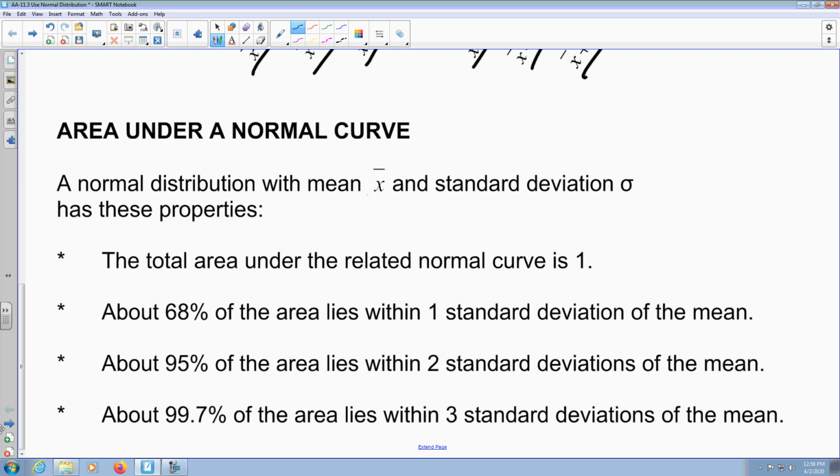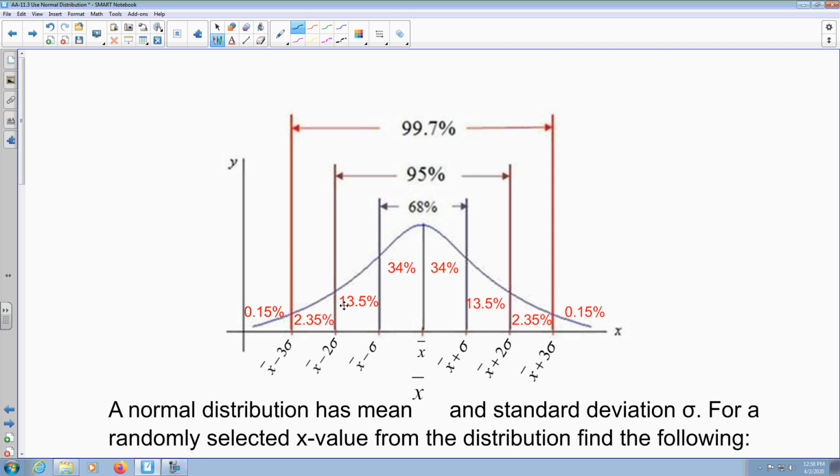So if you were to represent this bell curve, each one of these pieces has a specific percentage. In this case, it's 34% because it's split of this 68%.